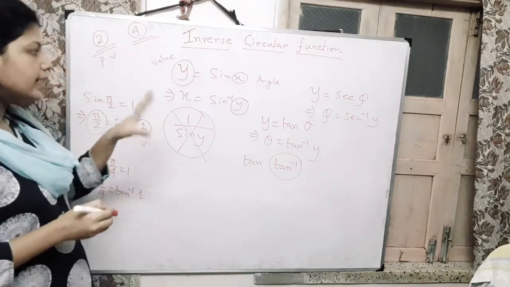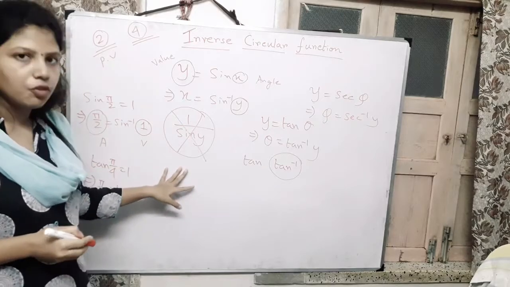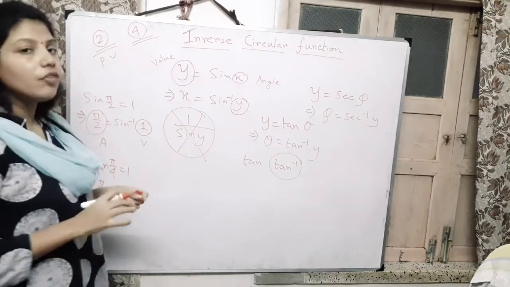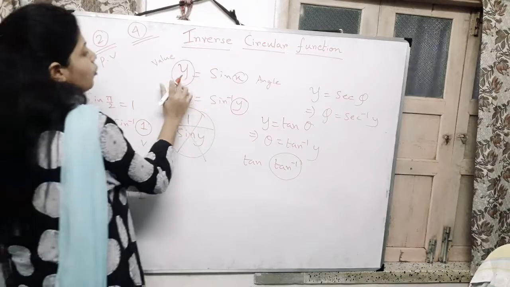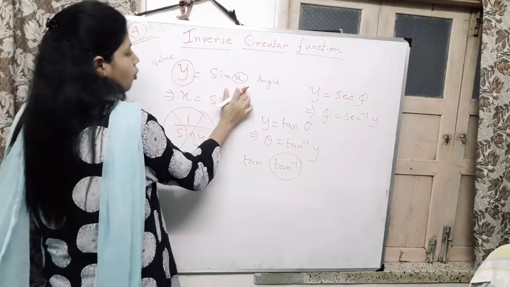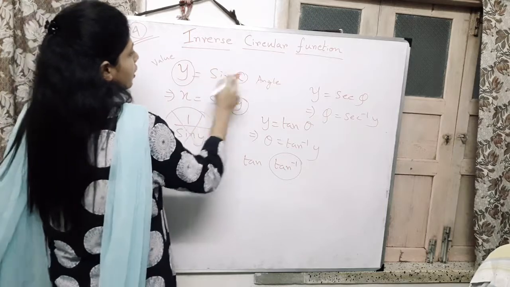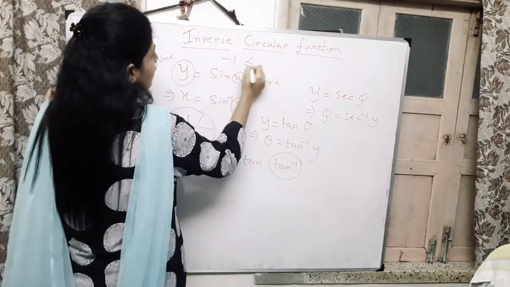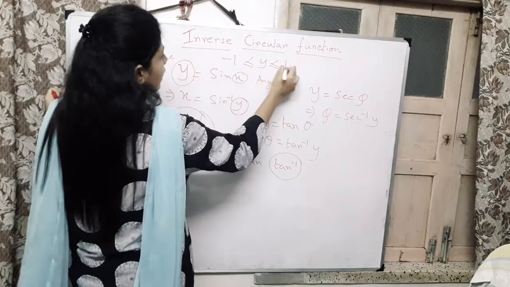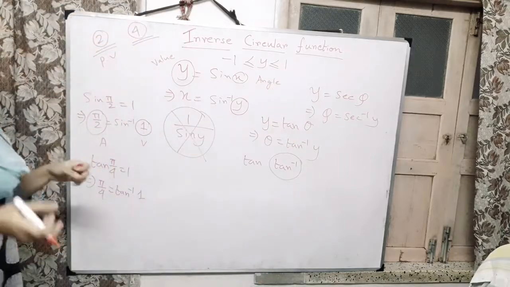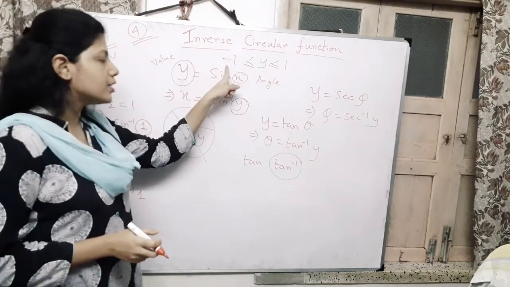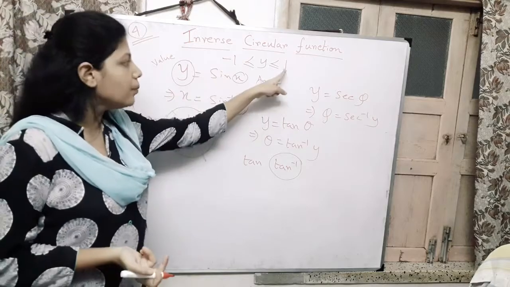So I think you have understood what inverse is till now. Now what is the range here? When I say y equals sin x, you already know that the range of sine will be -1 less than or equal to y less than or equal to 1, because the minimum value of sine is -1 and the maximum value is 1.